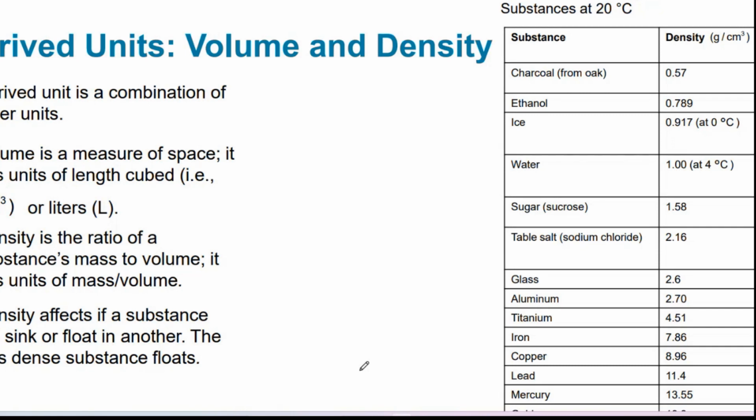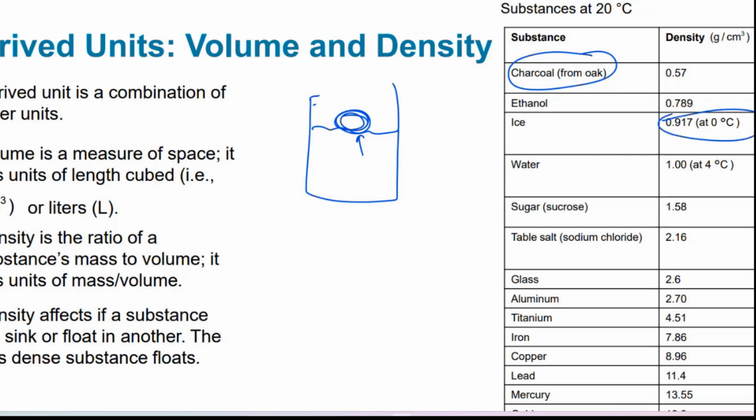Density affects whether a substance will float or sink in another substance. So in other words, if you had a tub and you fill that tub with water, let's say you put a piece of charcoal in it. If it's this kind of charcoal, then it's going to float on the water. Okay. And ice is a little less dense than water because water is 1 gram per milliliter.